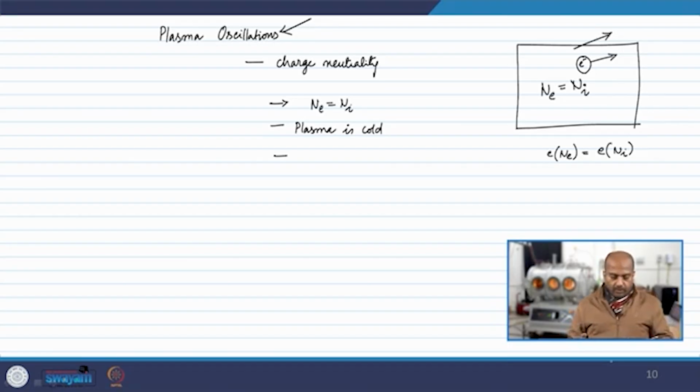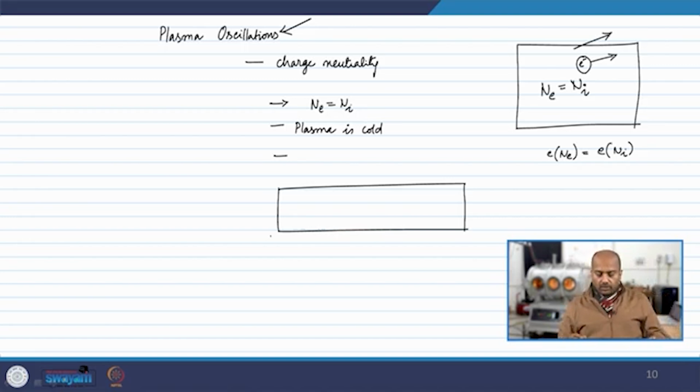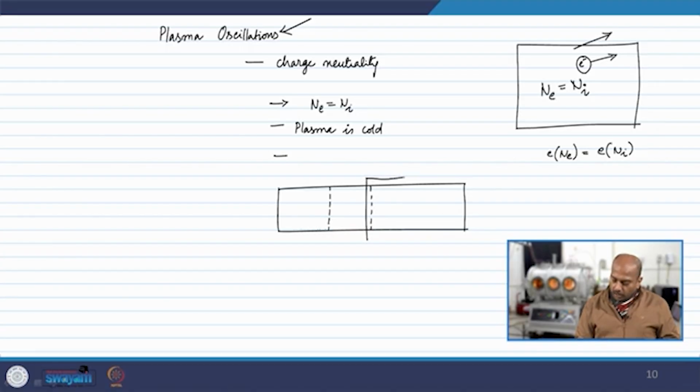Let us consider a strip of plasma. Before this perturbation, everything is neutral. Everywhere there is assumed to be an equal number of electrons and ions, and effectively there is no charge. Now from this region, we take out some electrons and move them to this region.